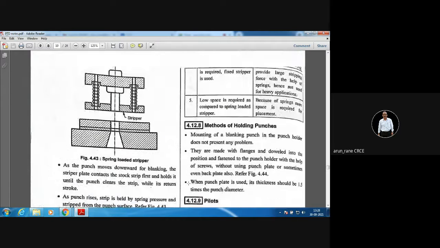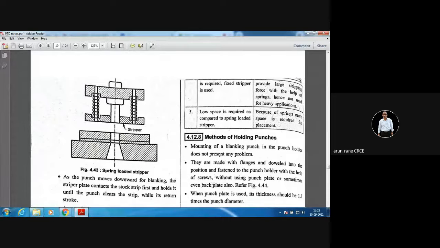Then when large stripping force is required, fixed strippers are proven to be more useful. Comparatively, the spring-loaded stripper gives less force. Then the space required is less in the fixed stripper, whereas the floating stripper requires more space because it has to accommodate the springs and the pin. So that's why the area of the stripper will be more.